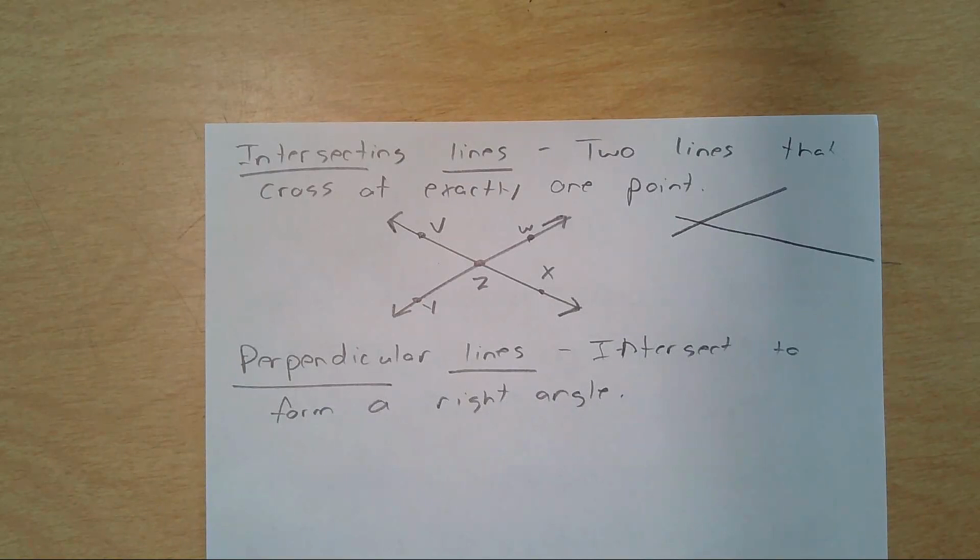Must form a right angle. Has to form a right angle. If they don't form a right angle, they aren't perpendicular.